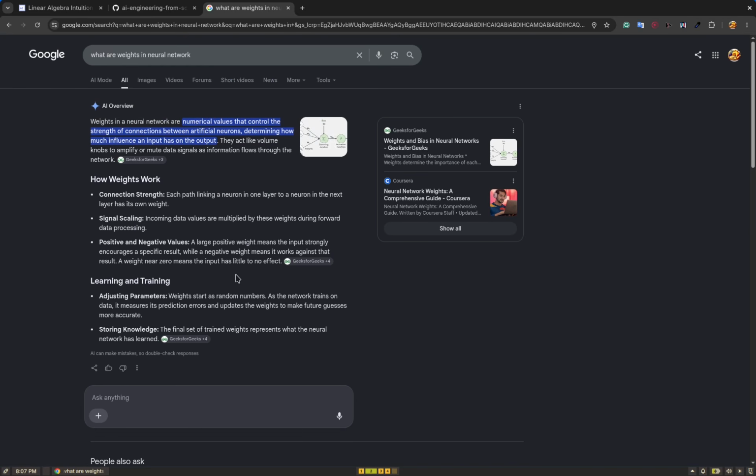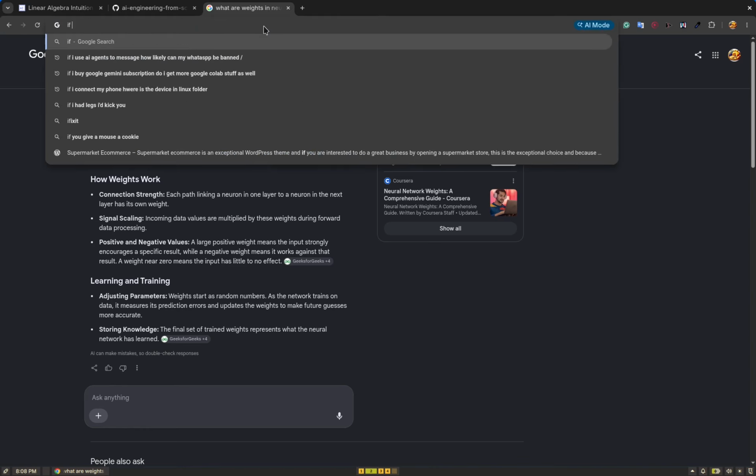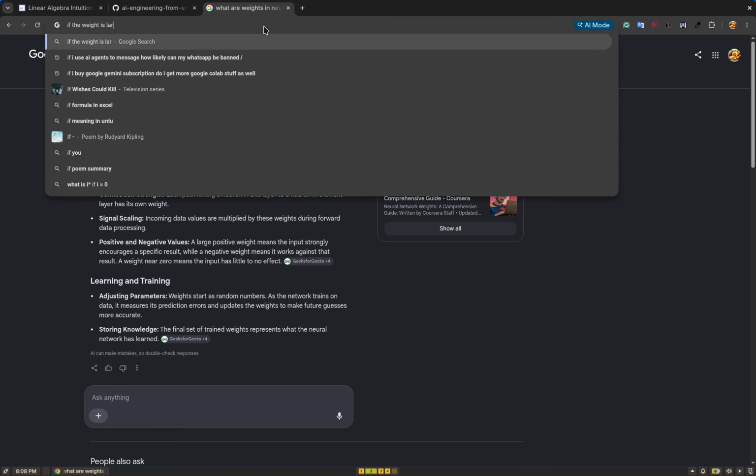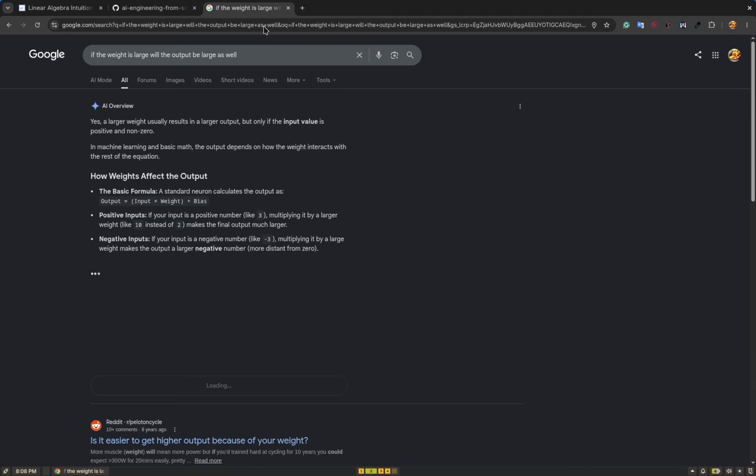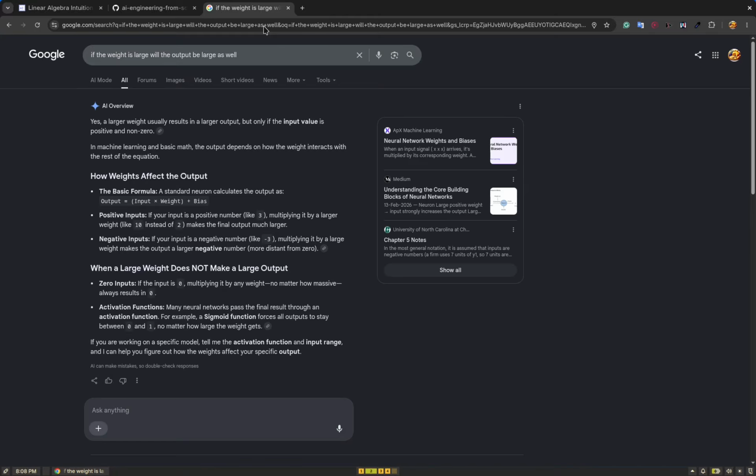So my question: if the weight is large, will the output be large as well? I want to see the relation. Is it direct or indirect? Yes, a larger weight usually means a larger output, but only if the input value is positive and non-zero.